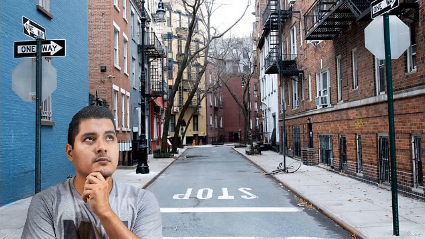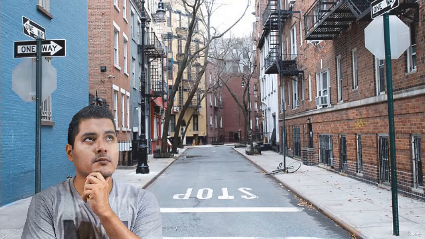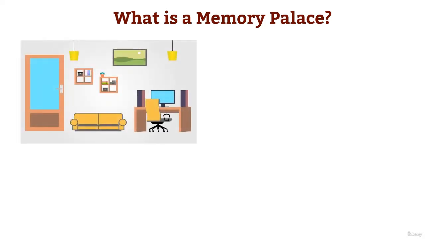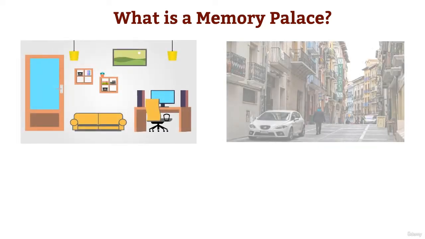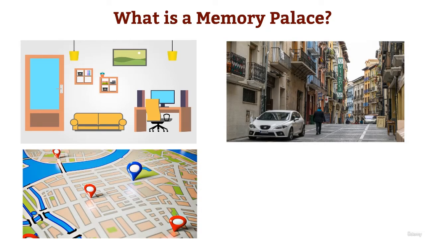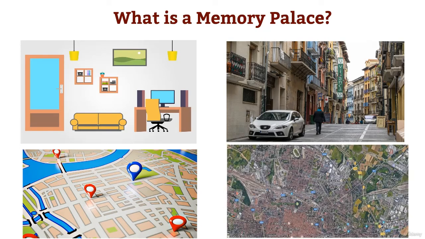Now, let's answer the 100 points question. What is a memory palace? Contrary to what you may think from what you have seen so far about this technique, a memory palace is not a very complicated thing. On the contrary, its main feature is that you know it very well. It may be your home, your journey to work in the morning, your neighborhood, or your town.